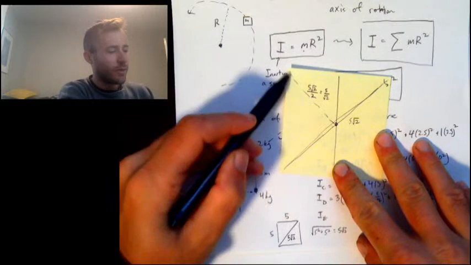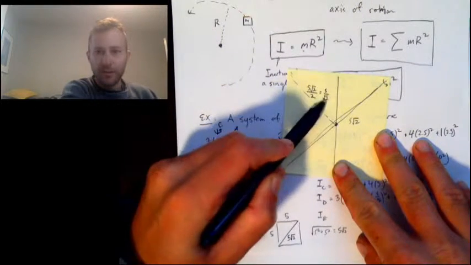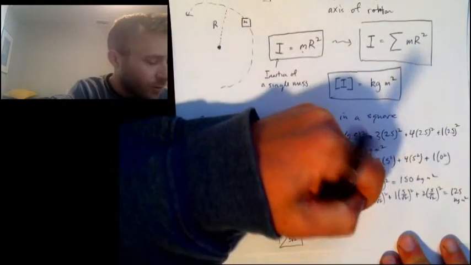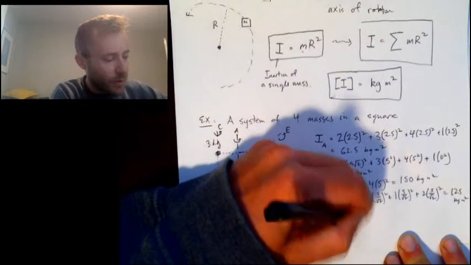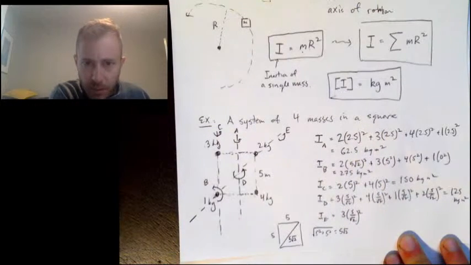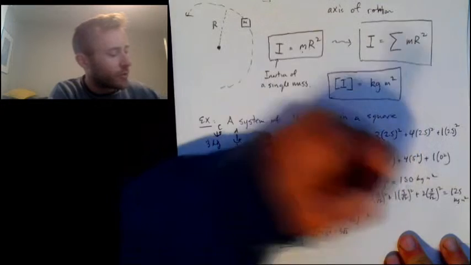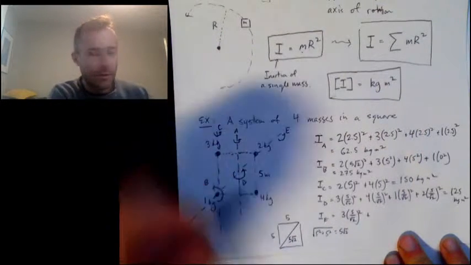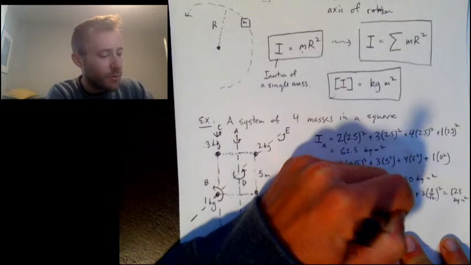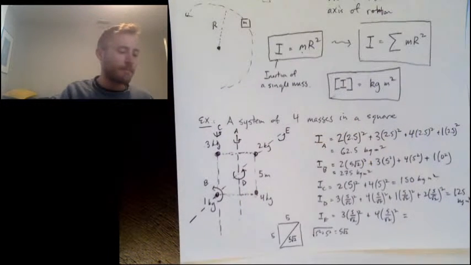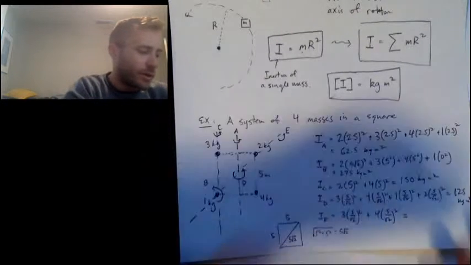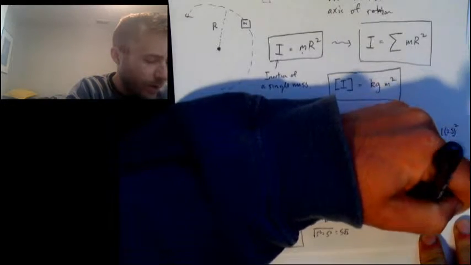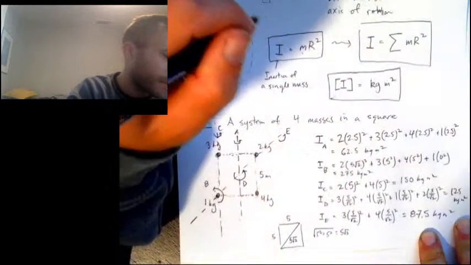The distance of the corner from that is 5 over root 2. So the 3 kilogram mass is 5 over root 2 from the axis of rotation, and the 4 kilogram mass is also 5 over root 2 from the axis of rotation. That gives an inertia of 87.5 kilogram meters squared.